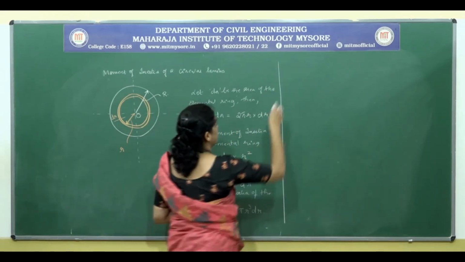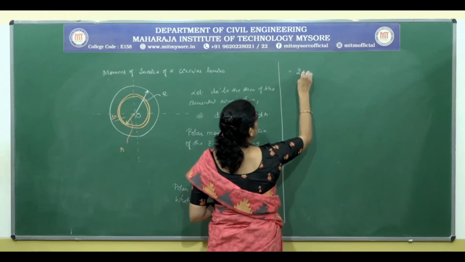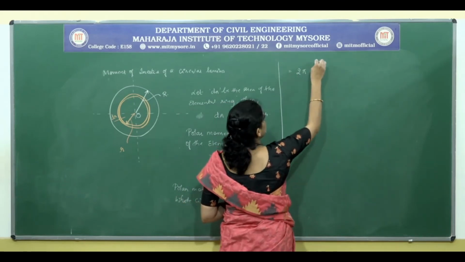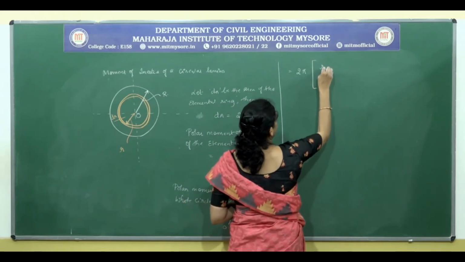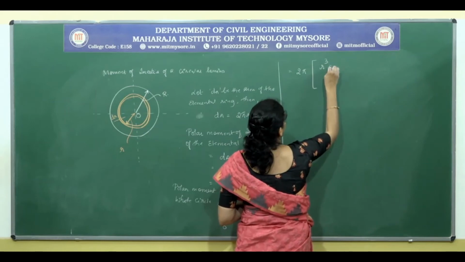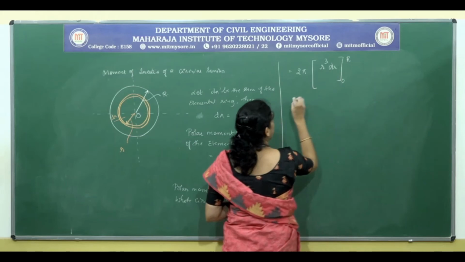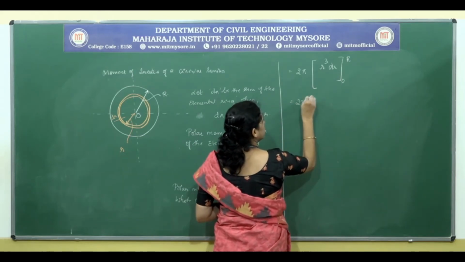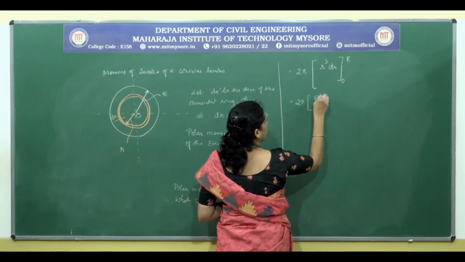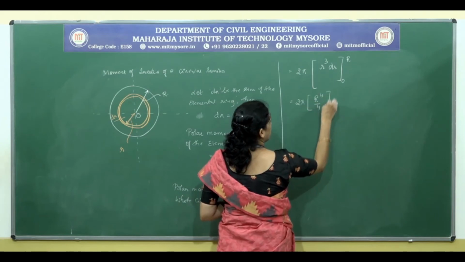So, upon integration 2 pi is the constant. Integrating r cube dr within the limits of 0 to r, we get r to the power of 4 by 4.